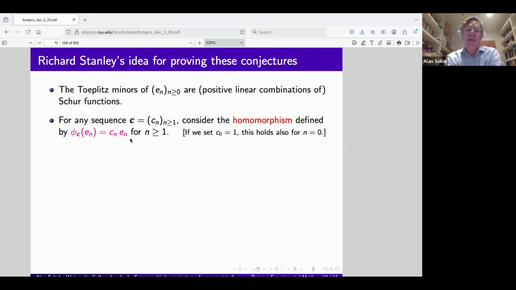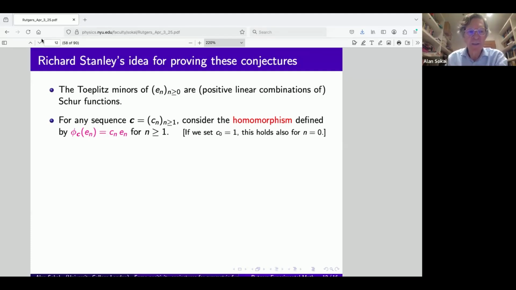The point is the E_n's are generators of the ring of symmetric functions. They're independent, so you can define a homomorphism by making phi of E_n be anything you like. And so I'm going to let it be C_n E_n for n greater than or equal to 1. But notice, if I set C_0 equals 1, then this holds also for n equals 0.